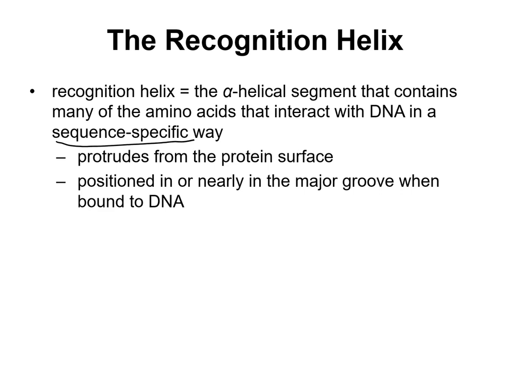It protrudes from the protein surface so it can actually access the DNA, and it's positioned in or nearly in the major groove when it's bound to DNA. And remember that the major groove has a lot of discriminatory hydrogen bonding and recognition sites, so you can tell the difference between the different DNA sequences.